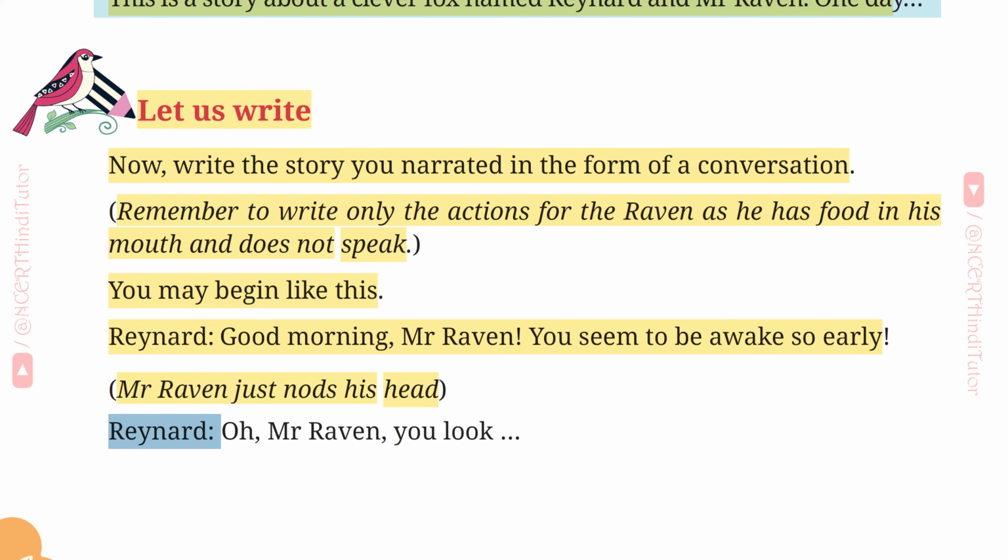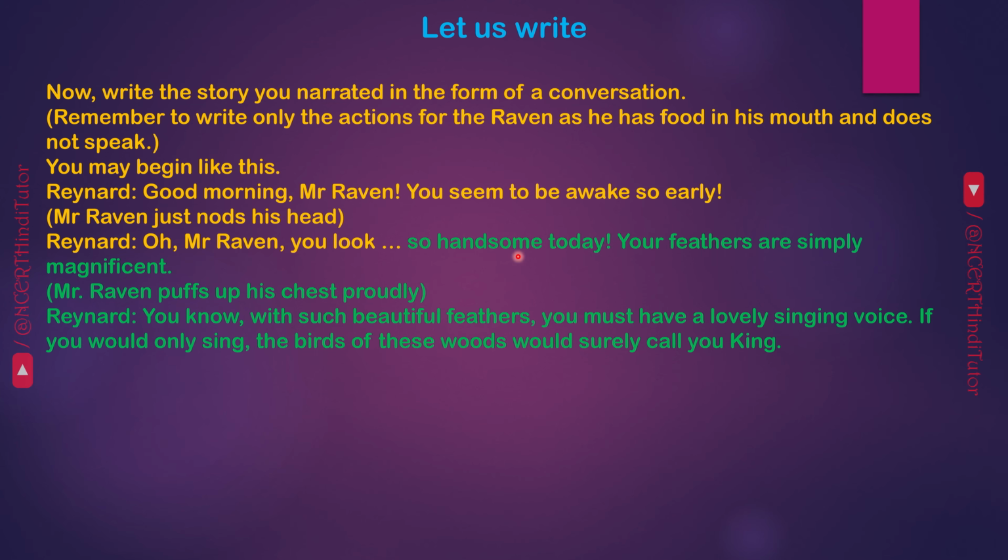Renard: Oh, Mr. Raven, you look, answer, you look so handsome today. Your feathers are simply magnificent. Mr. Raven puffs up his chest proudly. Renard: You know, with such beautiful feathers, you must have a lovely singing voice. If you would only sing, the birds of these woods would surely call you king.